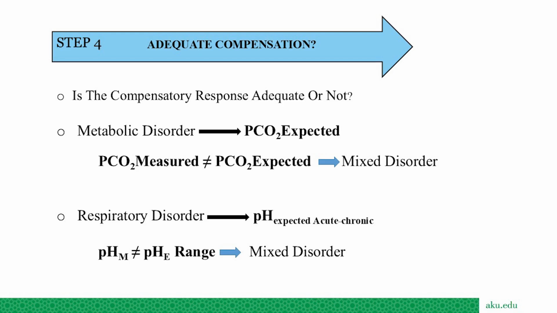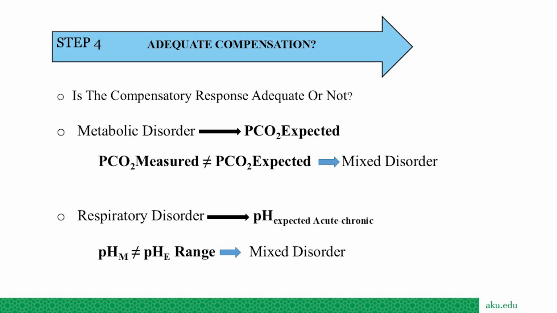To see if the compensation is adequate or not, we use these formulas as mentioned before. If the disorder is metabolic, we see the expected PCO2 and the measured PCO2. The expected PCO2 in case of metabolic disorder would be from the slides shown previously, in which the Winter formula is used for metabolic acidosis and the other formula is used for metabolic alkalosis.